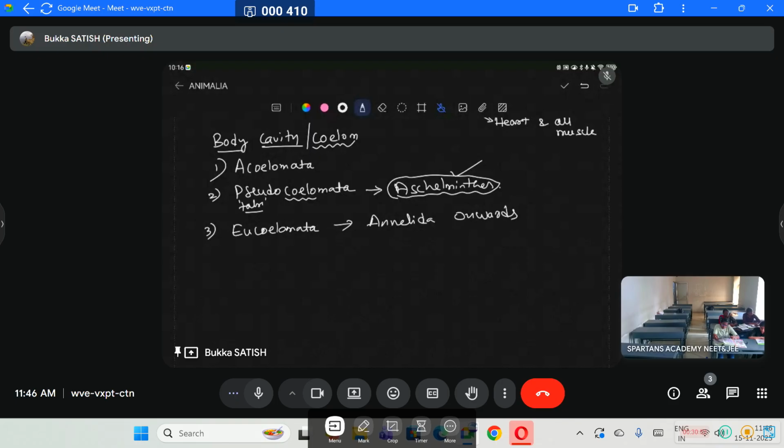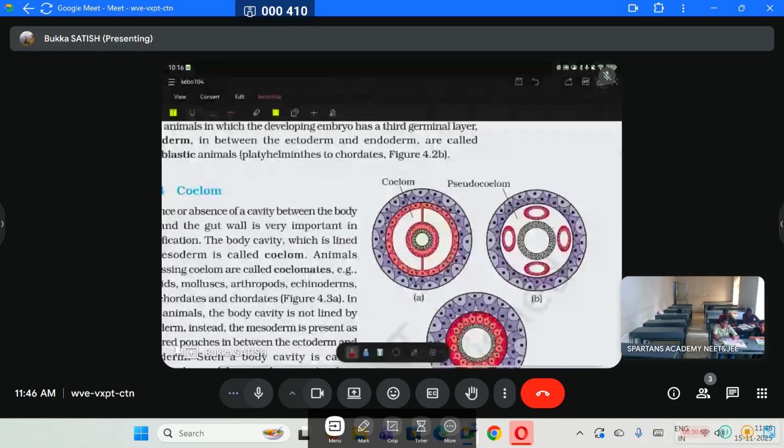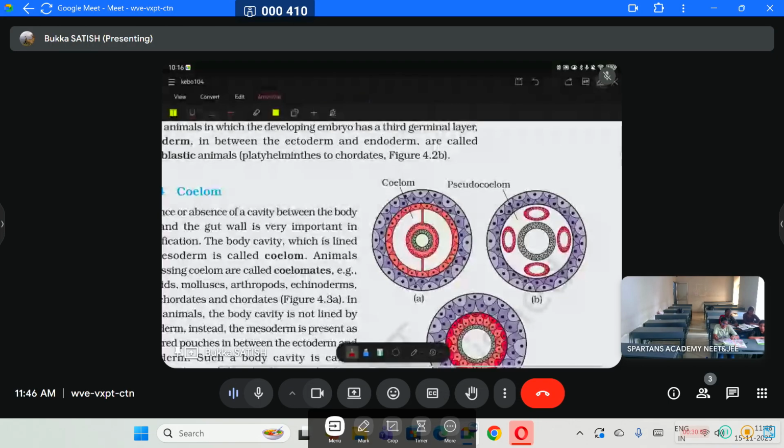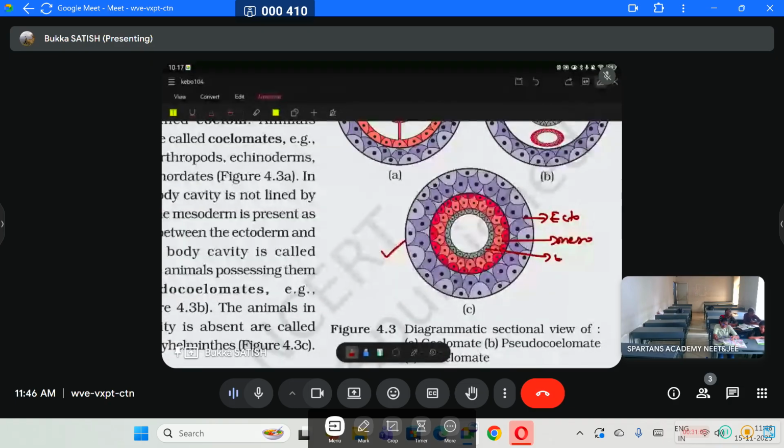This is diploblastic. You can clearly see that whatever the figure for the triploblastic is given, the same figure is here also. So, ectoderm, mesoderm, and endoderm. Right? There is no coelom, acoelomate.